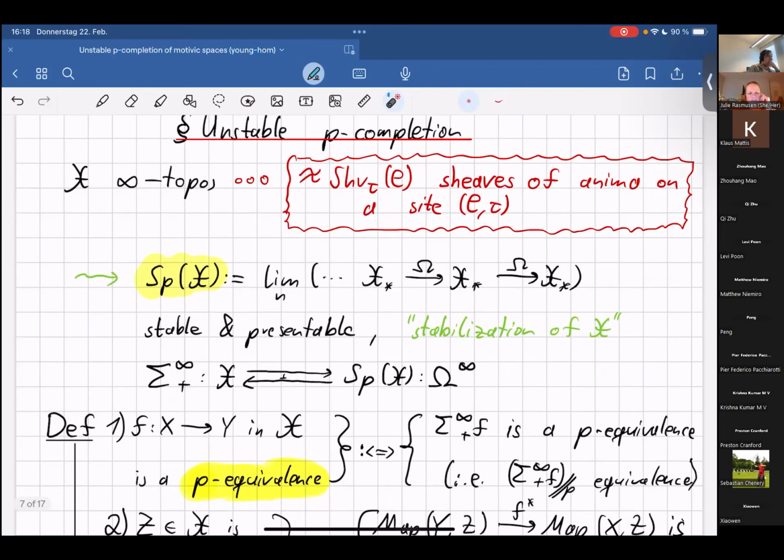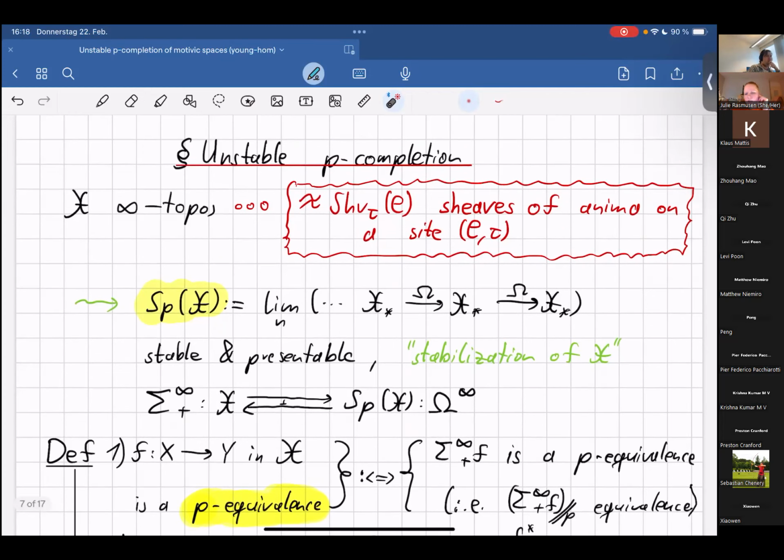Before we get too far into the unstable case, there's another question in the chat. So there's another definition for p-completion of E-infinity ring spectra, where the p-completion is the totalization of the co-simplicial spectrum given by smashing X with the co-realization of HFP.